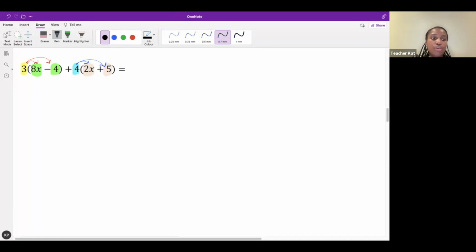Let's start with the first bracket, okay? What are my two terms after I multiply out the first bracket? First, we have a 3 times 8x. How much is 3 times 8x?